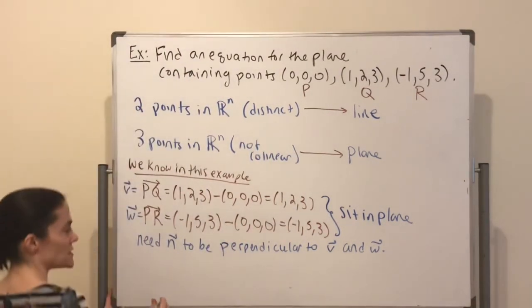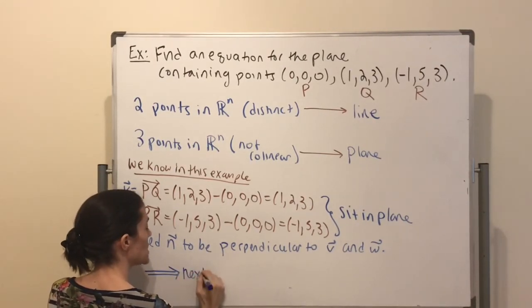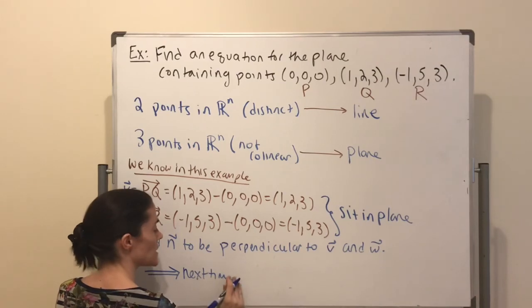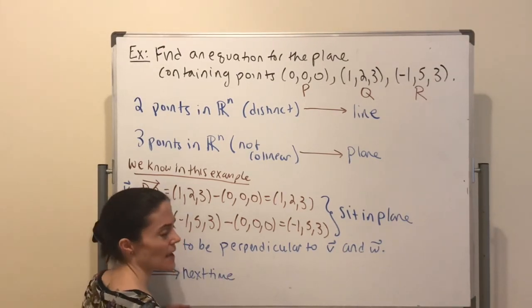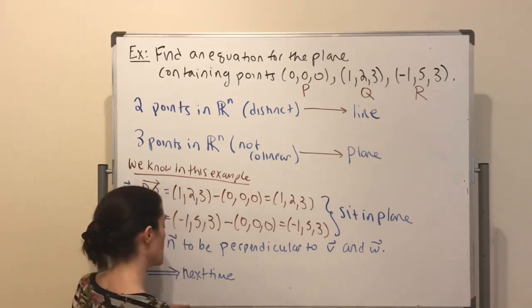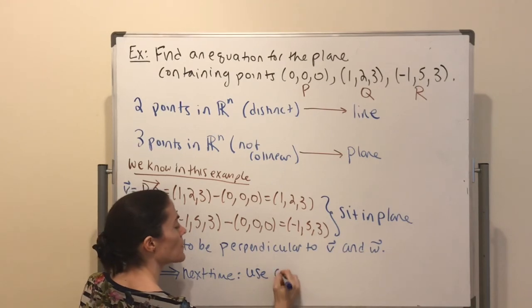And so let me just end by saying this is next time. This is why the full question of finding an equation of a plane we cannot address today. We will come back next time and address this. I will just say we're going to use something called the cross product.